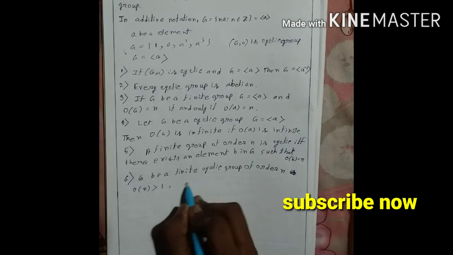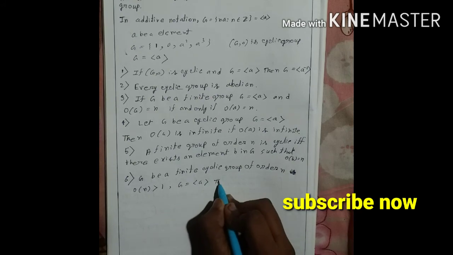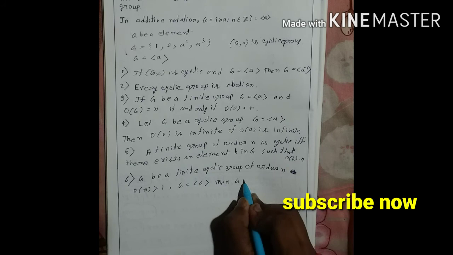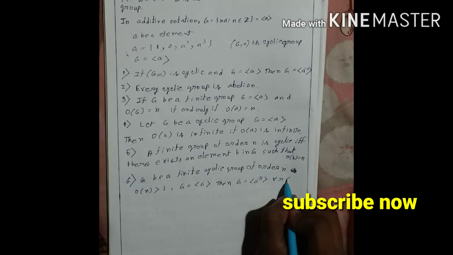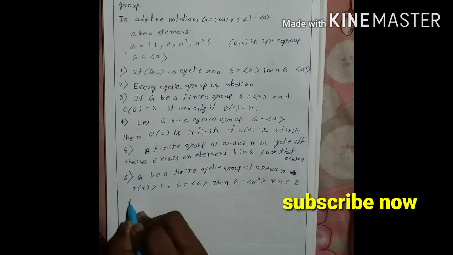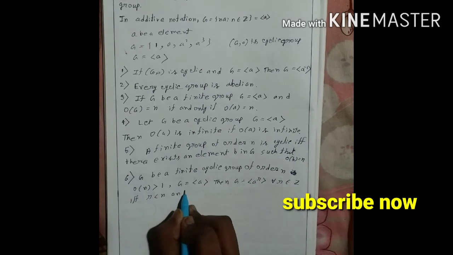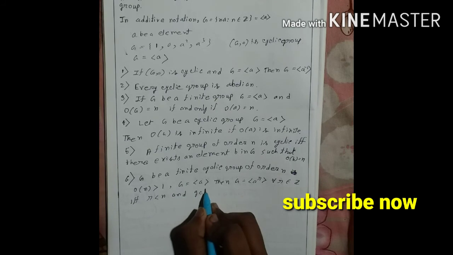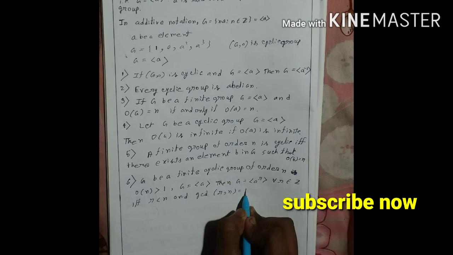So G is generated by a, then G is generated by a to the power r for r belongs to Z if and only if r is less than n and r is prime to n. This means GCD of r comma n is equal to 1.